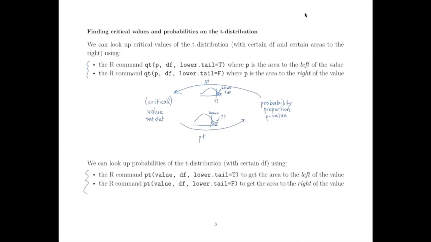In general, you have to give it the value. Quite often this value will be your test statistic, and we'll do an example of that. The degrees of freedom will be known, given in the problem because they'll give you the sample size N. And make sure you specify whether you want the area in the right or the left-hand tail, using the lower tail is equal to true or false argument.